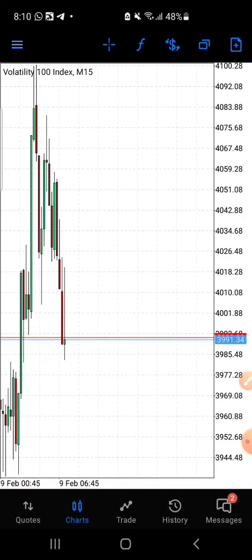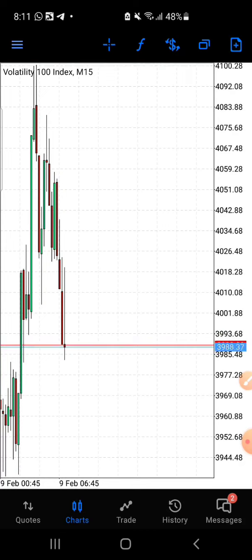Someone might ask me, what is break and retest though? It's simply when the price breaks a structure and decides to retest the structure. The structure could be a trend line, support, resistance, or anything. As long as you have your structure and the price breaks it and retests the zone, that's a break and retest, and for me, I call it flip zone.